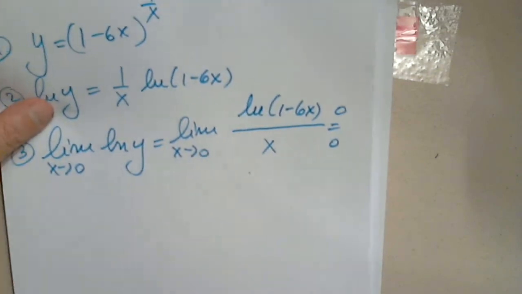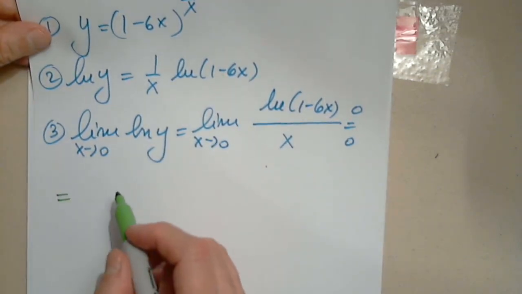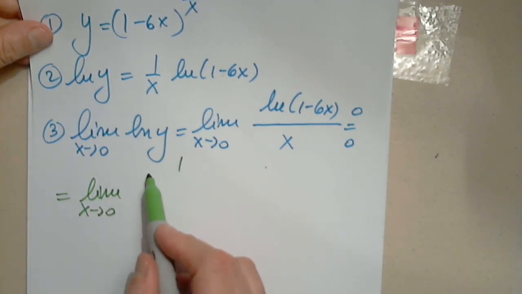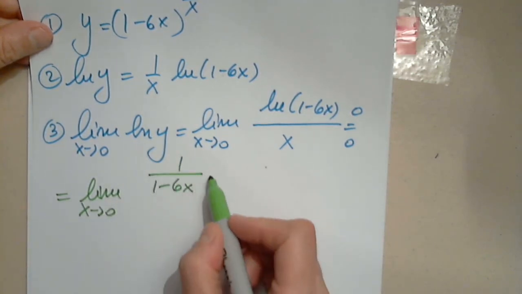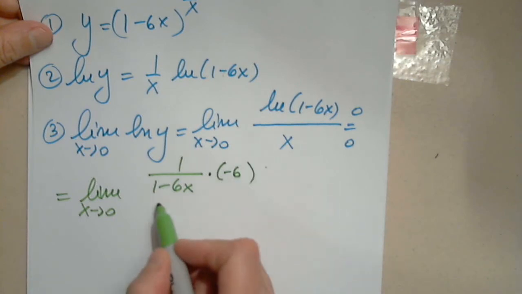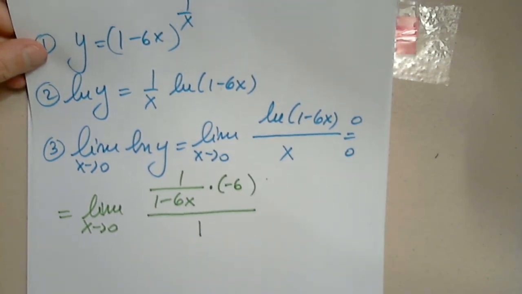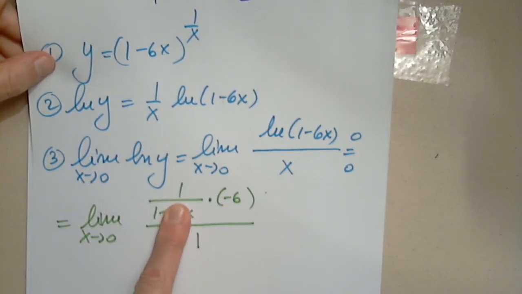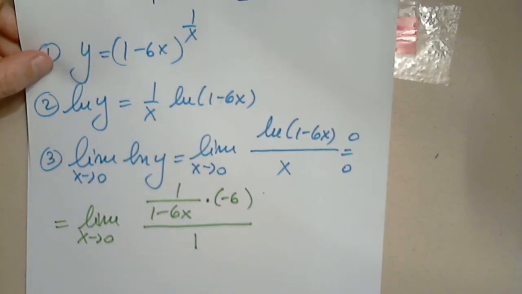And next we have limit as x approaches 0. The numerator is 1 over 1 minus 6x multiplied by negative 6 divided by 1. And when x approaches 0, the final answer is negative 6.